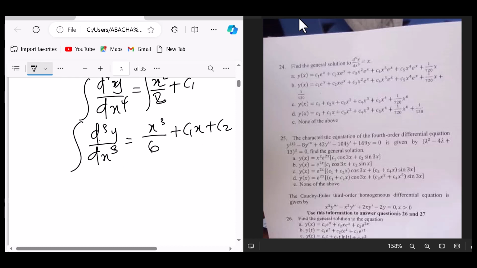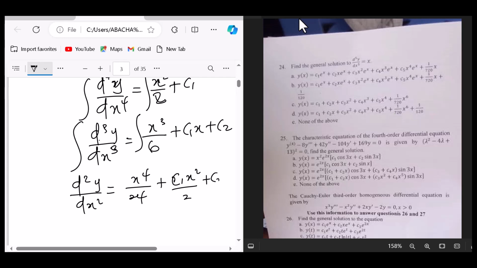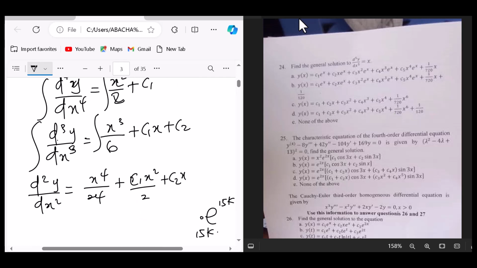Okay, then we integrate again, so that will be d^2 y/dx^2 equals x to the power 4 over 24 plus c1 x squared over 2 plus c2 x plus c3. Let me clean this.